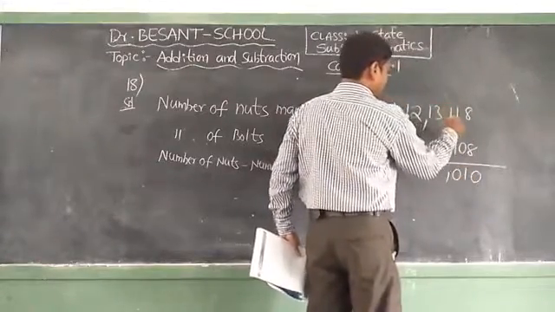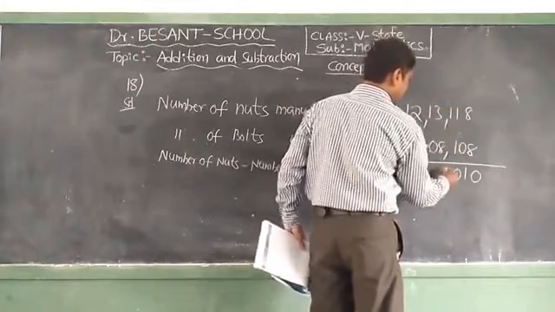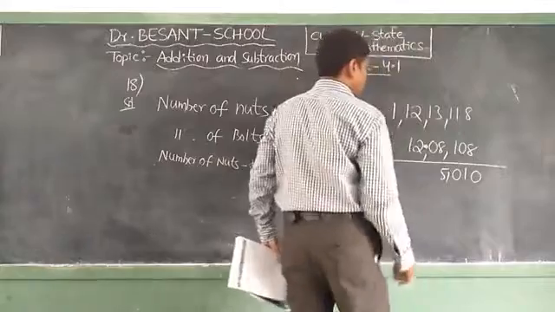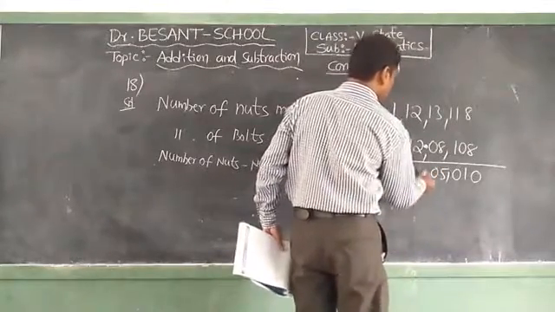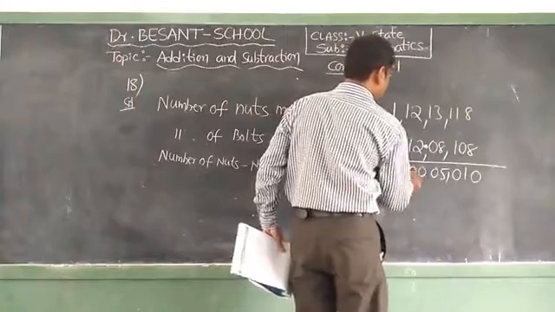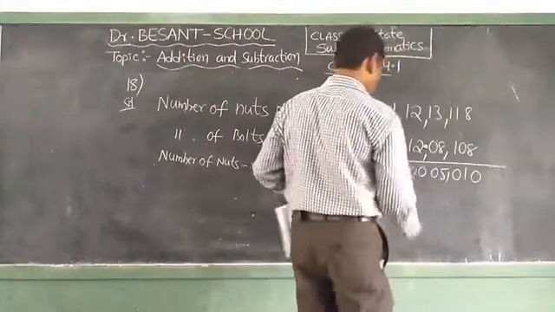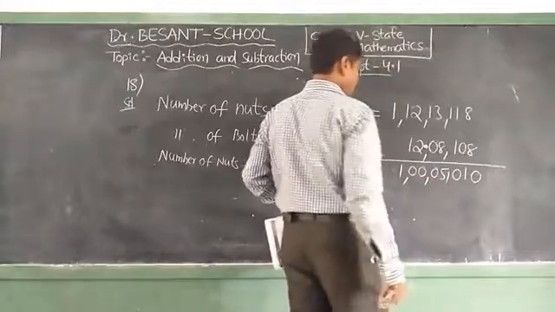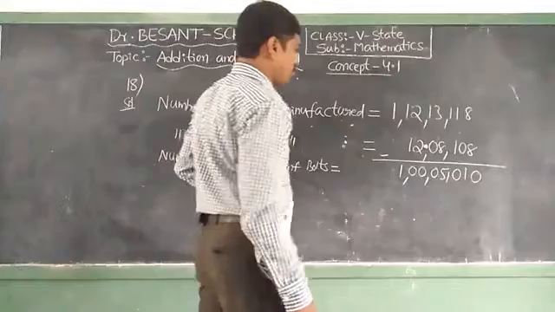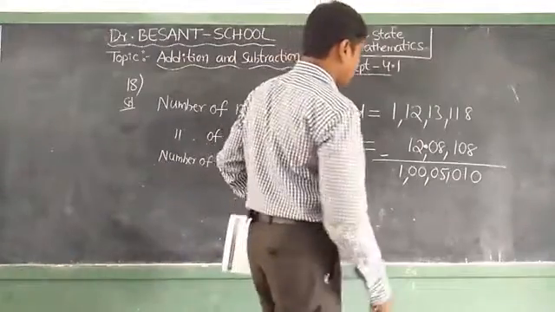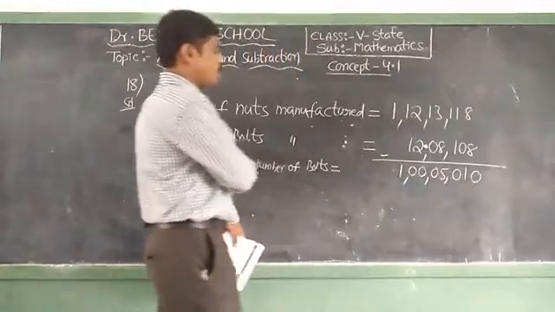Next, this is 13 minus 8, 5, 0. Okay, 2 minus 2 is 0. 1 minus 1 is 0. So, one crore 5,010. Okay.